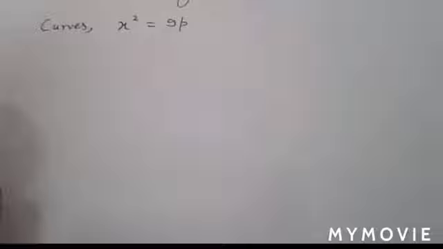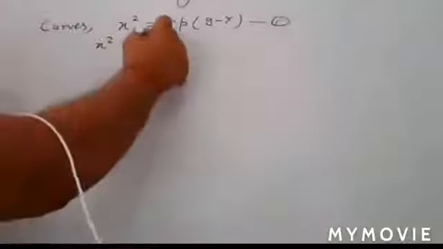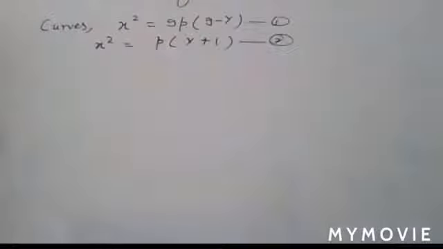Find the value of P for which the curves x square is equal to 9p into 9 minus y, that is your first curve, and x square is equal to p into y plus 1, cut each other at right angle.